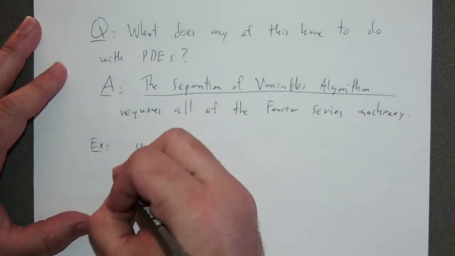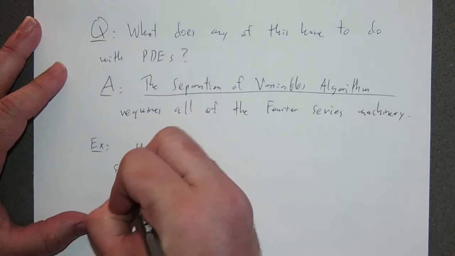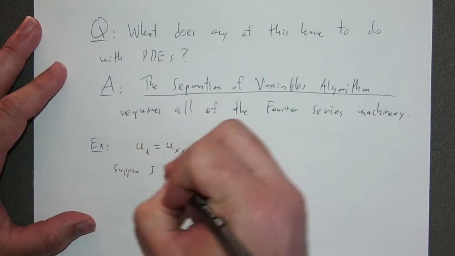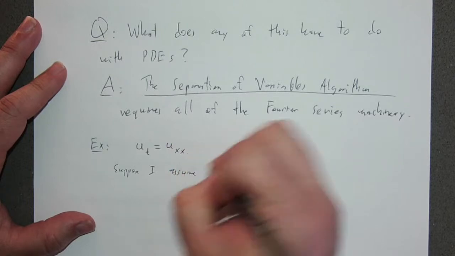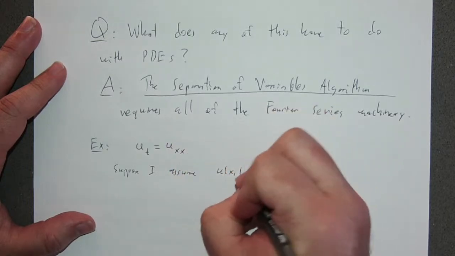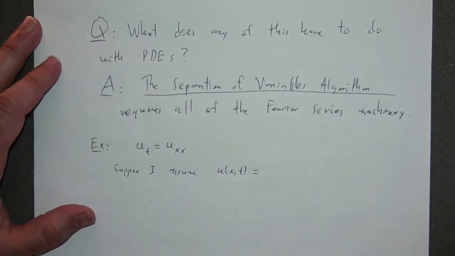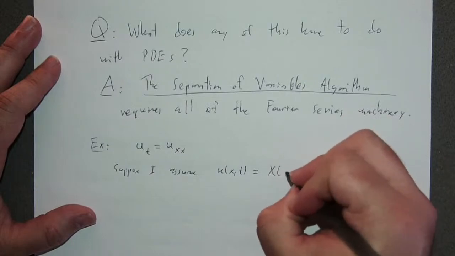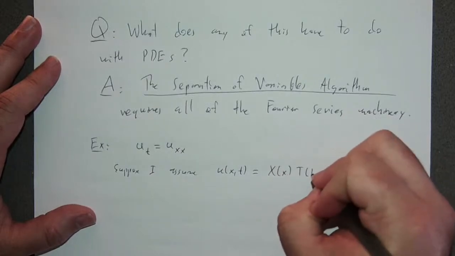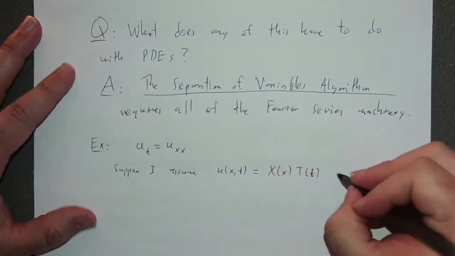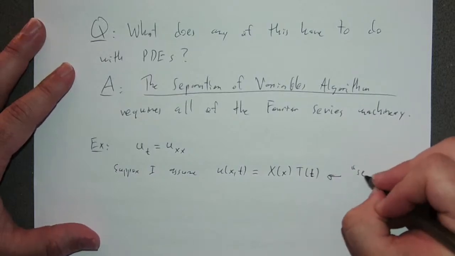Suppose I assume, as I did at the end of lecture yesterday, let's make a huge assumption, a gigantic assumption, that the solutions that I seek are separated. So this is a separated solution.